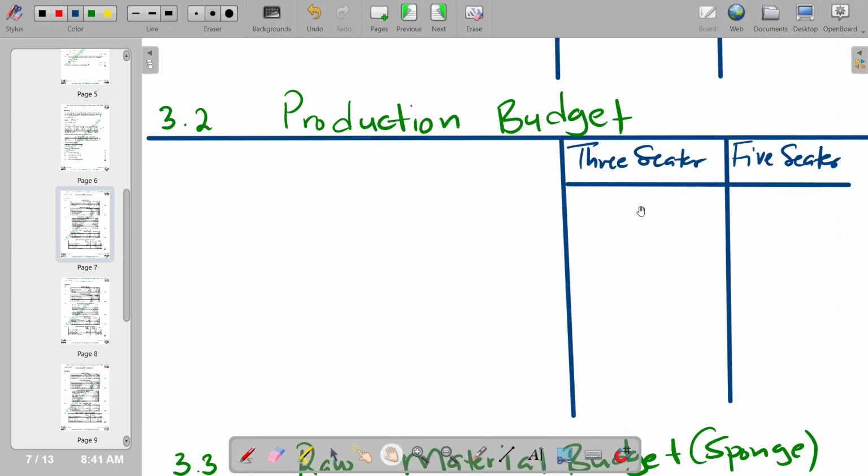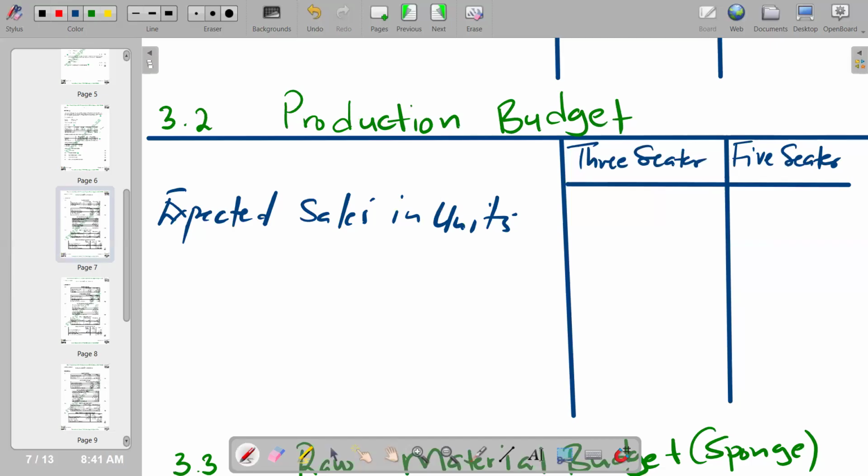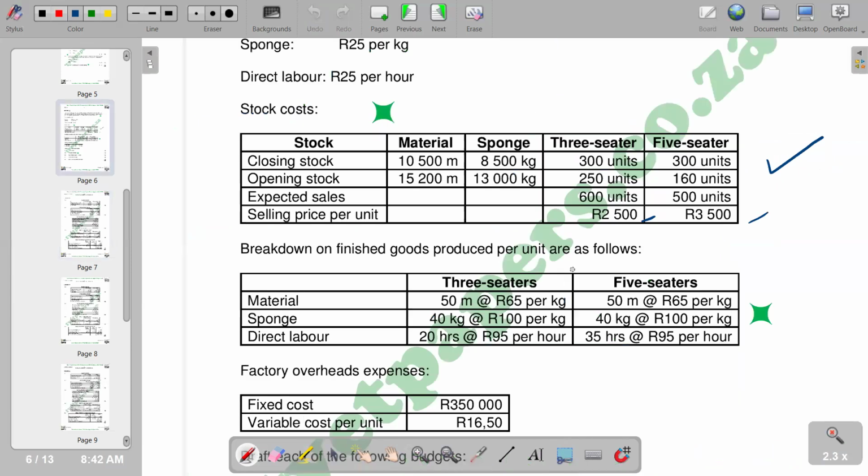On the production budget, we also have the three-seater column and five-seater column. We start again with expected sales in units, which we identified as 600 units for the three-seater and 500 units for the five-seater.